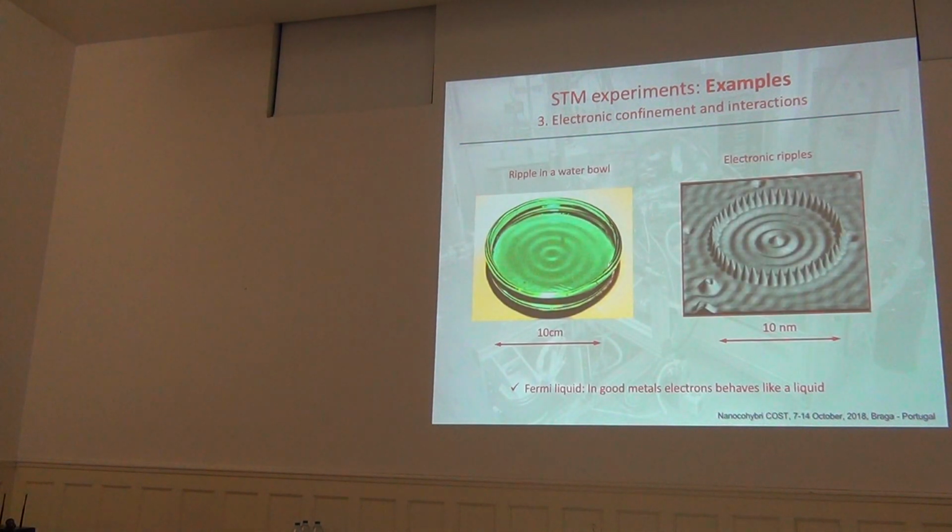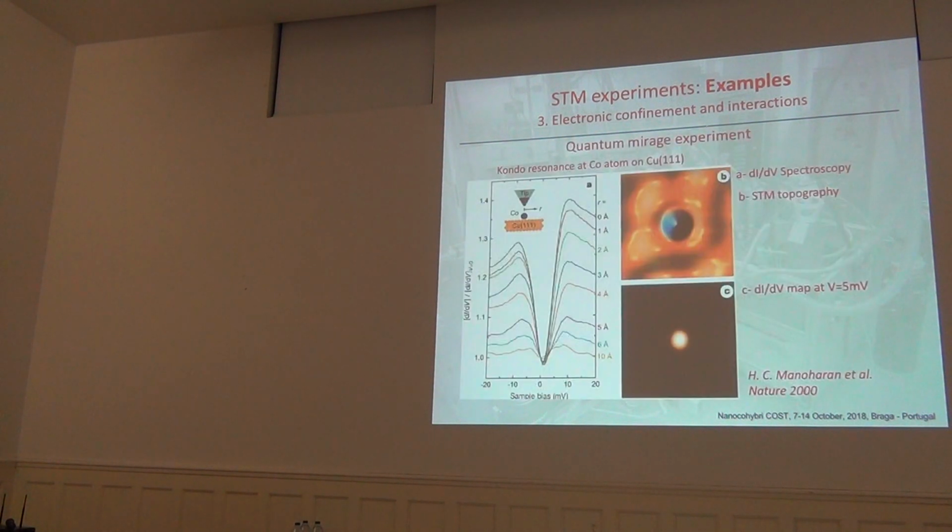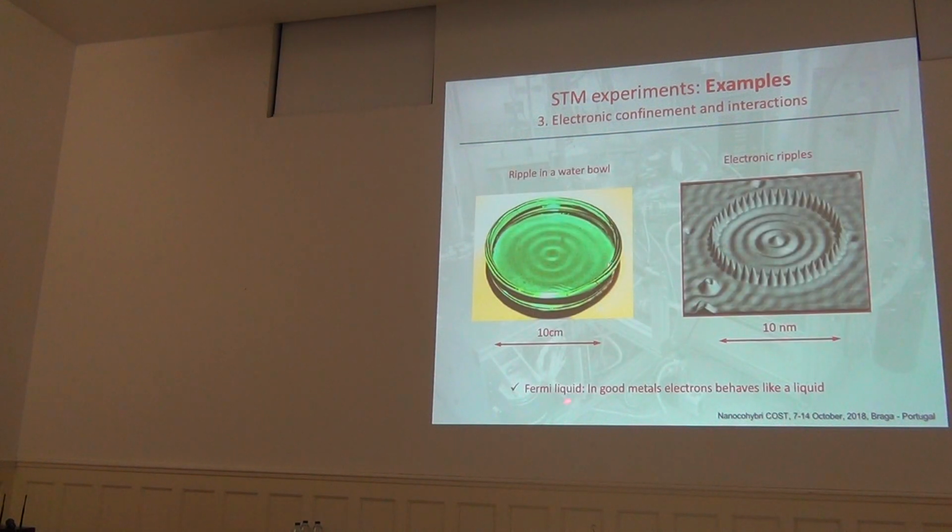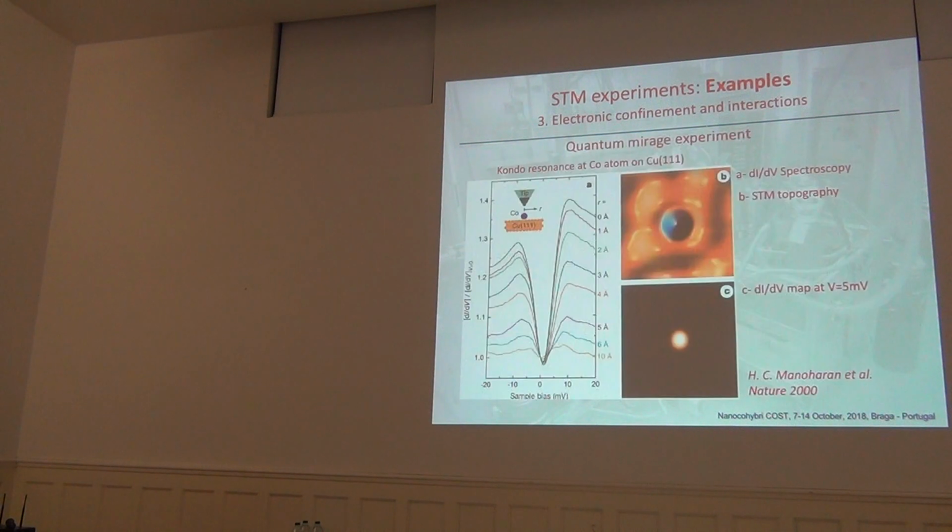But the physics behind is very similar to this experiment that I did on my own with a loudspeaker and water. Okay? But the message is that the Fermi liquid is a good liquid because the behavior you get is exactly like a liquid, like a classical liquid. Okay, last example before I go to superconductivity.